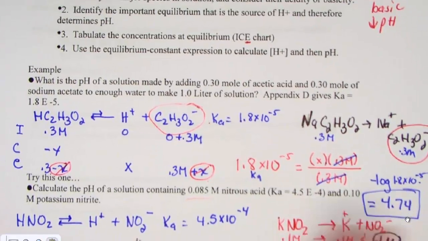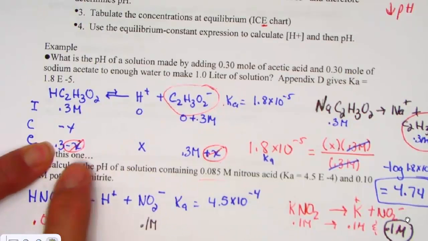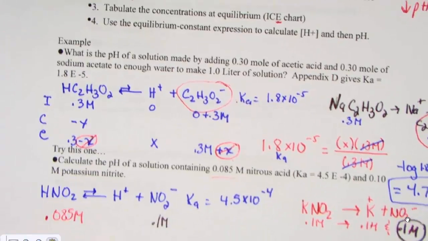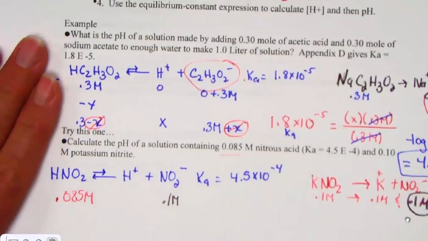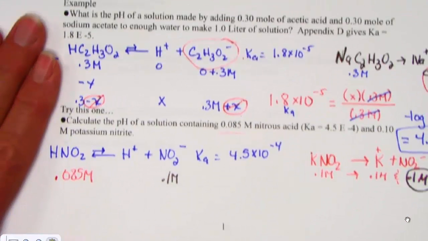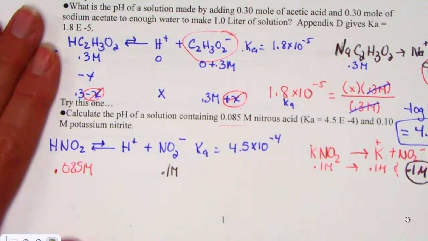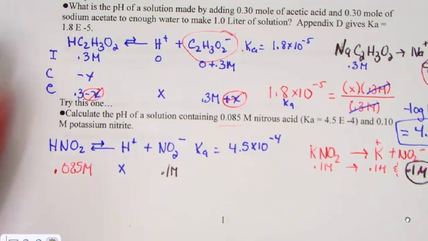And again, in this first example, I set up the ICE chart and then described to you how we know to toss out X. We can assume that to be true throughout this entire series of problems. So I'm going to just record underneath that then the 0.085 molar. The value for nitrite, 0.1 molar, and we're going to let the value of hydrogen ion be represented by X.